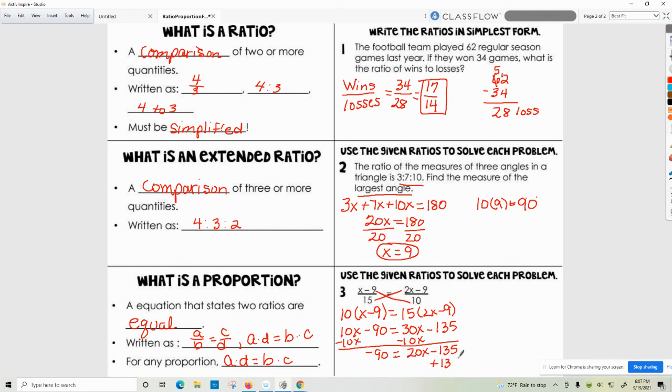Then I would add my 135 to both sides. So negative 90 plus that 135 is going to be 45.